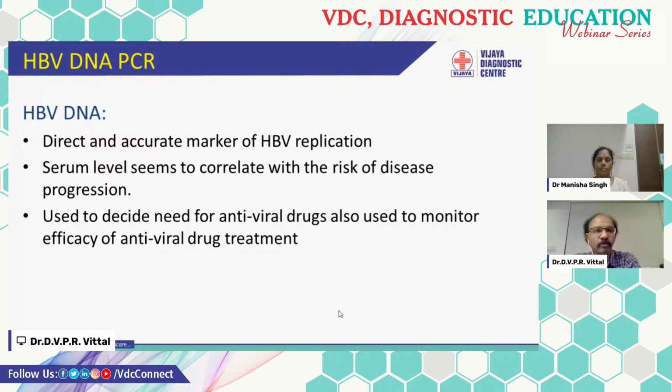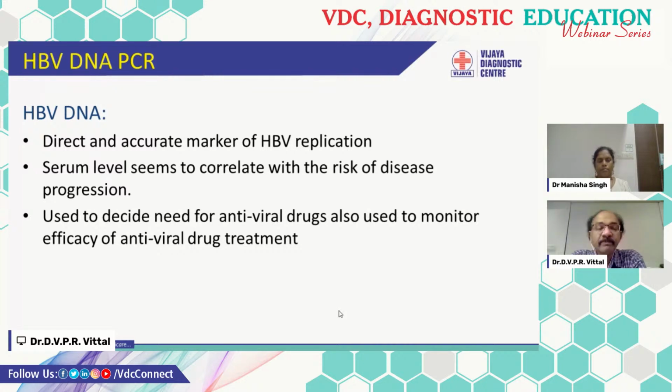We have to be very sure of the presence or absence of viral DNA in the patient, which is indicated by the RT-PCR test. And HBV DNA, which is tested in this particular test, is the direct and accurate marker of hepatitis B viral replication. Serum levels of this seem to correlate with the risk of disease progression.